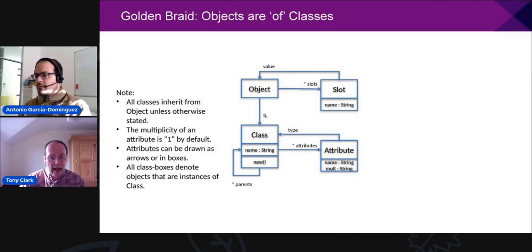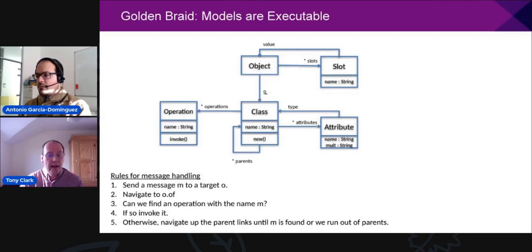Now, if we need to extend that a little bit, if we want executability and semantics, the thing that we add to that, if we want semantics and operability and executability, is operations. And operations have the ability to be invoked in the sense of methods that we know about.